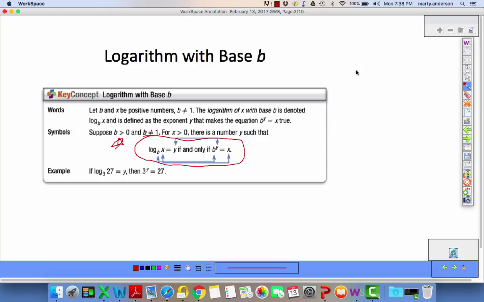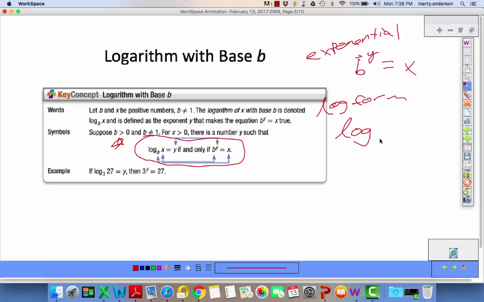So what we have here is if we're in the form b to the y equals x, and we want to write it in log form, so this would be considered exponential form, and now we're going to write it in log form. So we're going to write it log, the base is b. The base is what you're going to raise your exponent to.